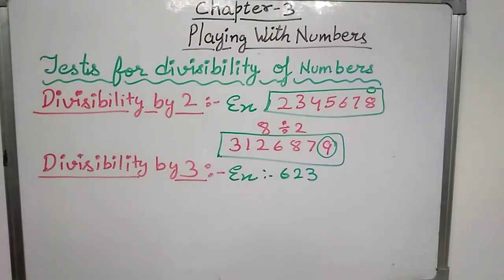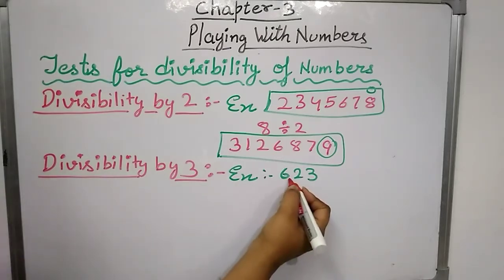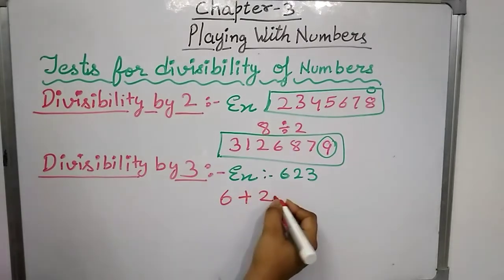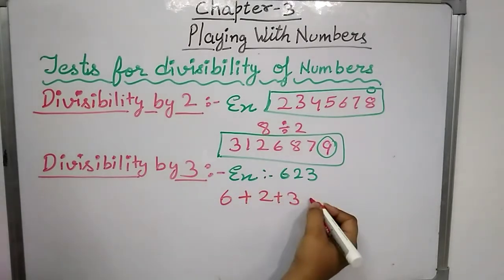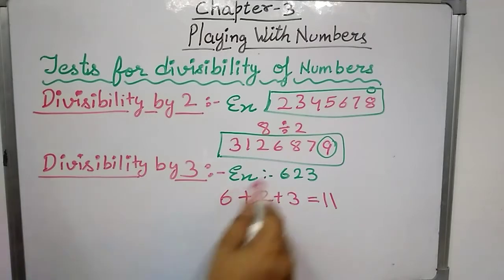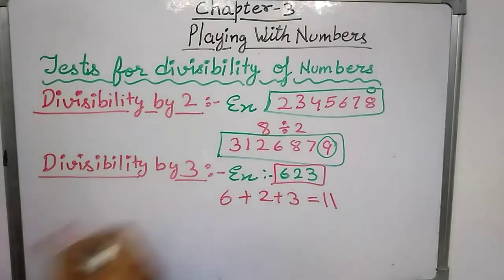The test for this divisibility is to add all the digits of the number. So we will add 6, 2 and 3. The sum of 6, 2 and 3 is 11, and we know 11 is not a multiple of 3. So that means 623 cannot be divided by number 3.